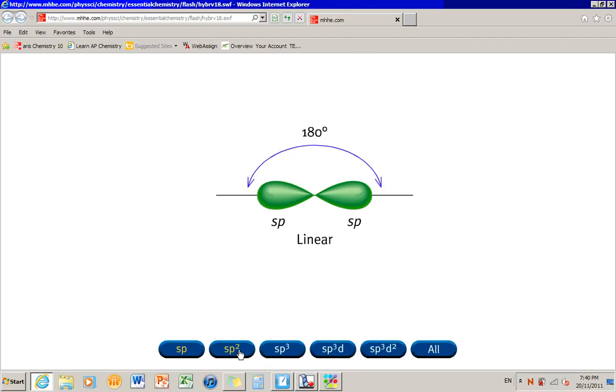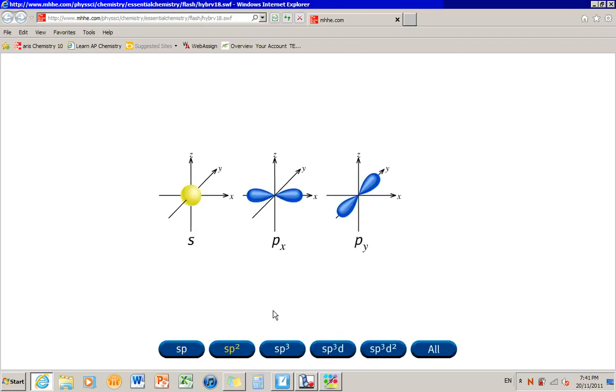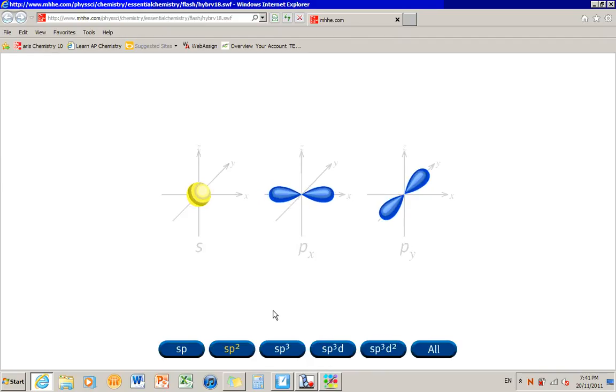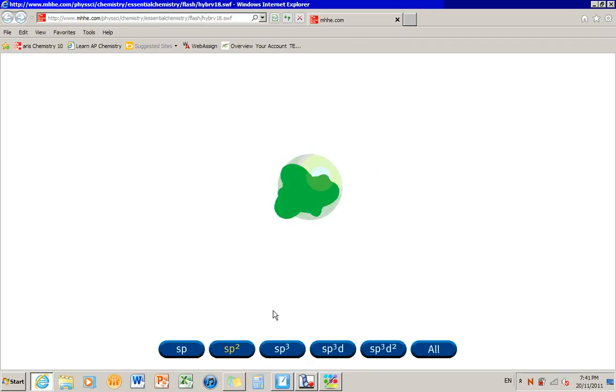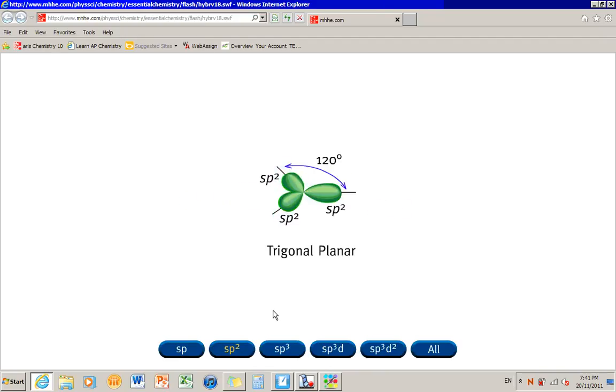If we have sp2 hybridization, we're going to be combining 1 s orbital with 2 p orbitals. So we're going to end up with how many orbitals? 3 hybrid orbitals. So let's look at that. We've got 1 s orbital combining with 2 p orbitals. They hybridize to form 3 hybrids, all called sp2, and they're going to organize themselves in a trigonal planar arrangement.